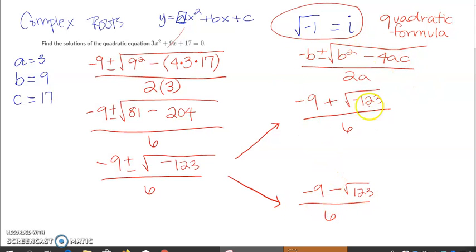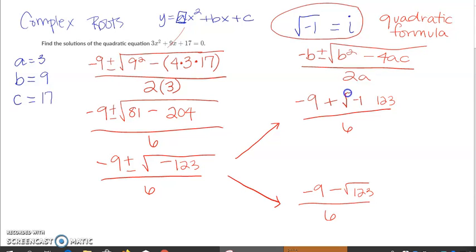Okay. I could rewrite here what's underneath the radical to say negative 1 times 123 if I wanted to. And that's one way for me to pull out my i. Okay, so you're not changing anything. What you're doing is almost like rewriting it just in a different form.